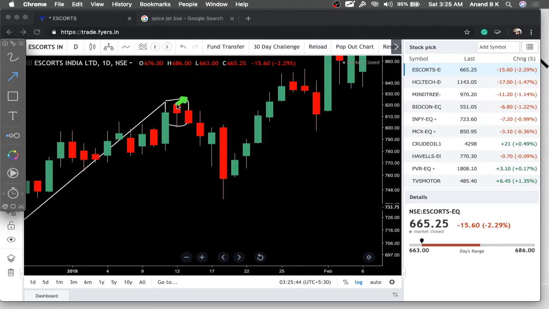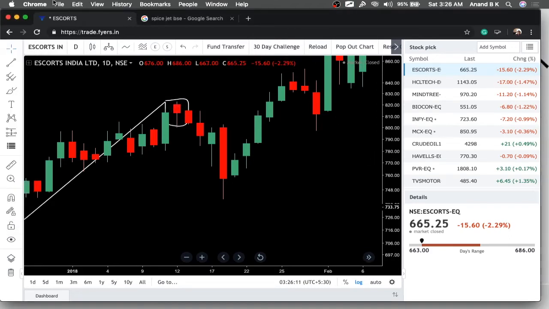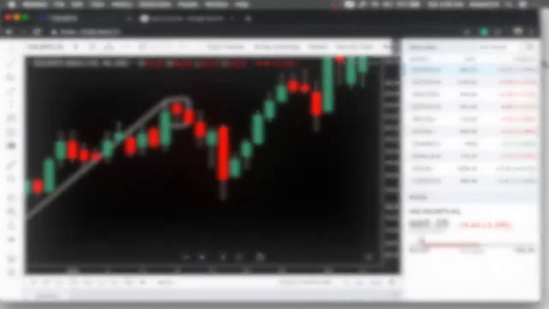Also the tail or the lower shadow should be twice the size of the body of the candle. Okay, so when I say body of the candle, this is the body of the candle. So this wick should be twice the size of the body of the candle. So that is what it is all about. It's very important for one to understand this very clearly.